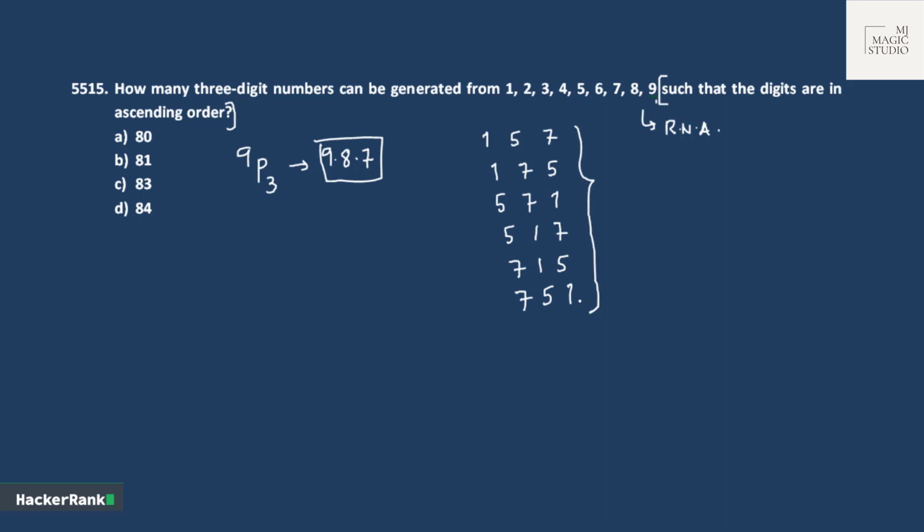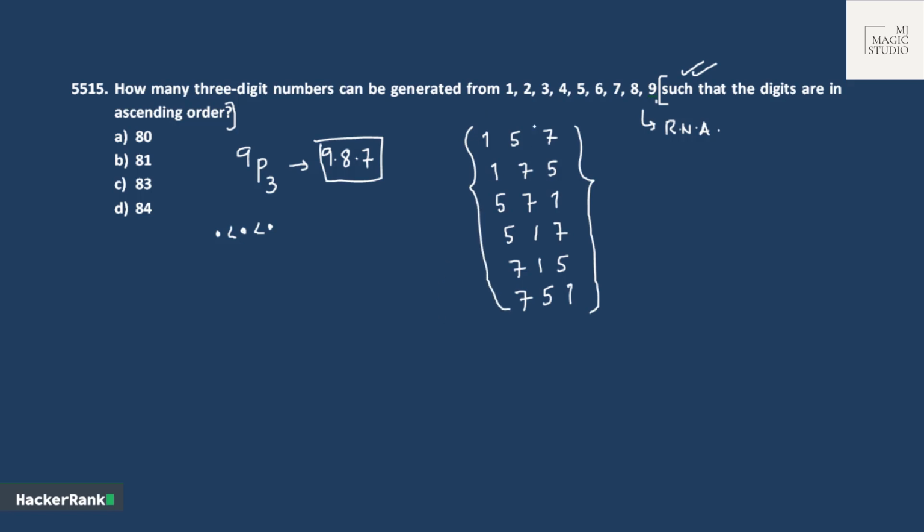These 6 numbers can be formed with the digits 157. Now if I take into consideration that digits are in ascending order, that means this number is less than this, and this is less than the unit place number. From small number to big number we are moving.